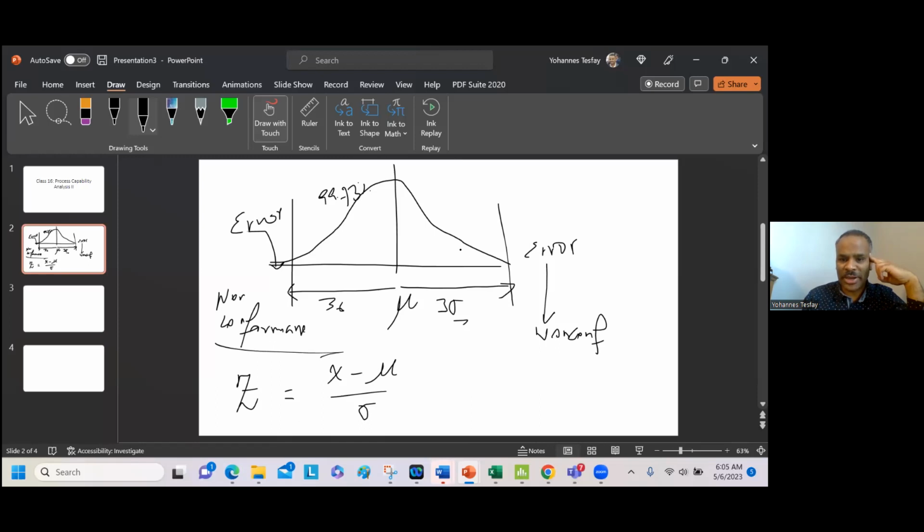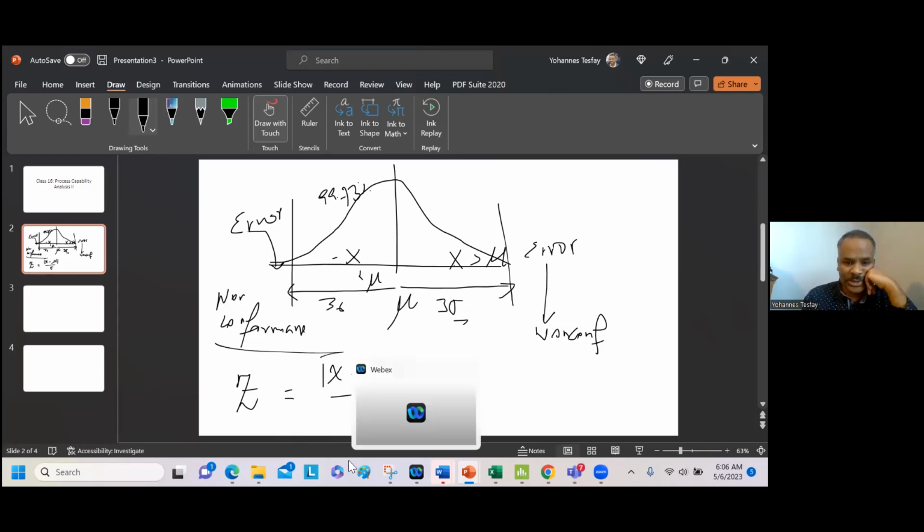Suppose if x is here, or if x is negative, minus x is going to be right there. That means this x is less than mean, and this x is greater than mean. So if it is negative, then we're going to put in absolute value.